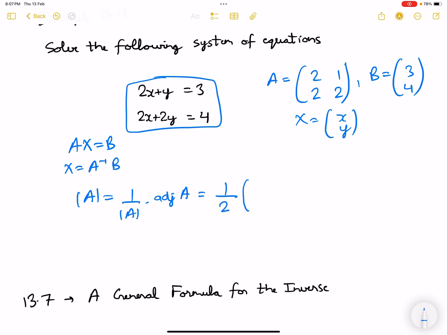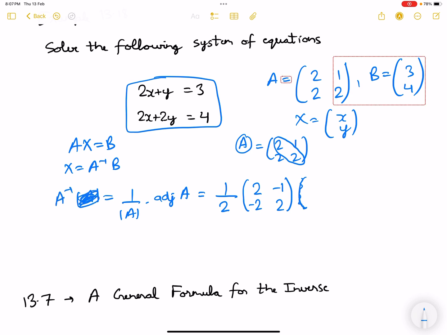So A is [2, 1; 2, 2]. Adjoint A would be found by interchanging the diagonal elements and changing the signs of the others: 2, minus 1, minus 2, 2. Okay, so this is A inverse. So x would be this.